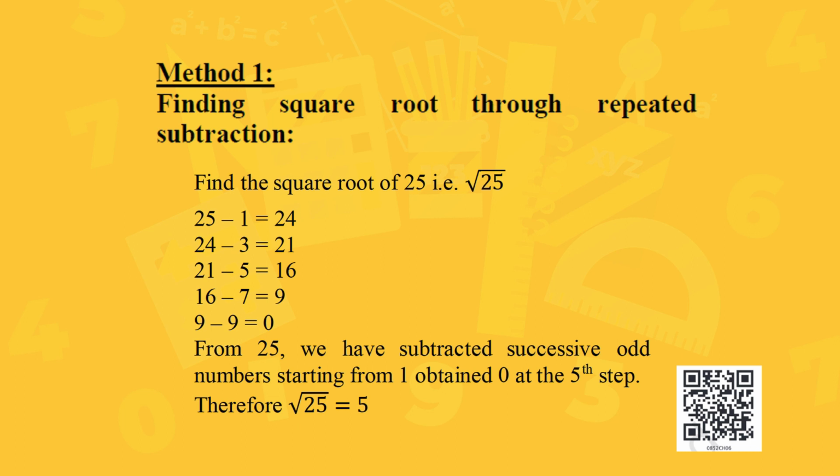If you observe all these subtractions, from 25 we have subtracted successive odd numbers starting from 1, and so we obtain 0 at the 5th step. Make a count of it, it is the 5th step. Therefore, we found the square root of 25 is equal to 5.